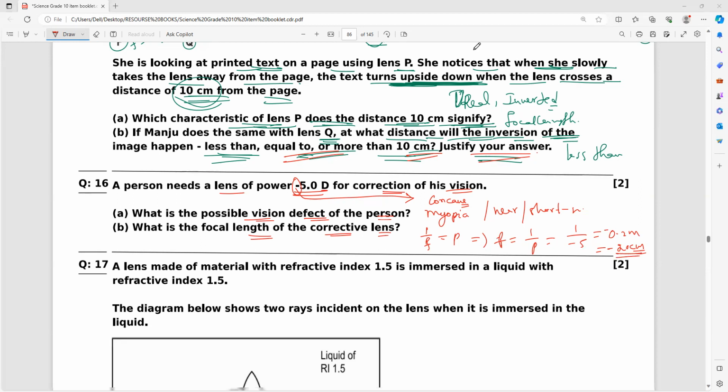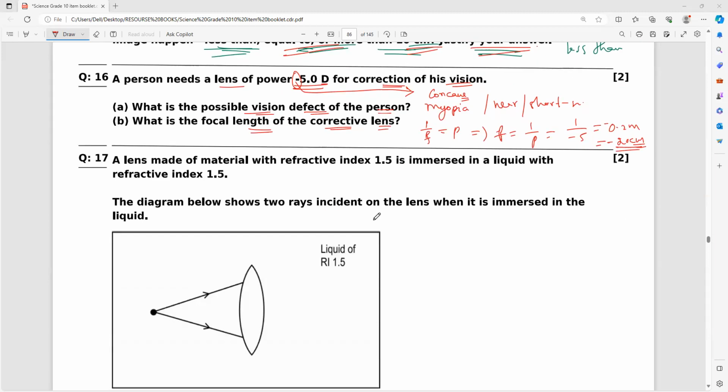Next. This question Mitakshri asked yesterday. Do you remember, Mitakshri? The same question. The lens made up of material with a refractive index 1.5 is immersed in a liquid with a refractive index 1.5. See, the refractive index of the lens is equal to the refractive index of the liquid. Both are the same.